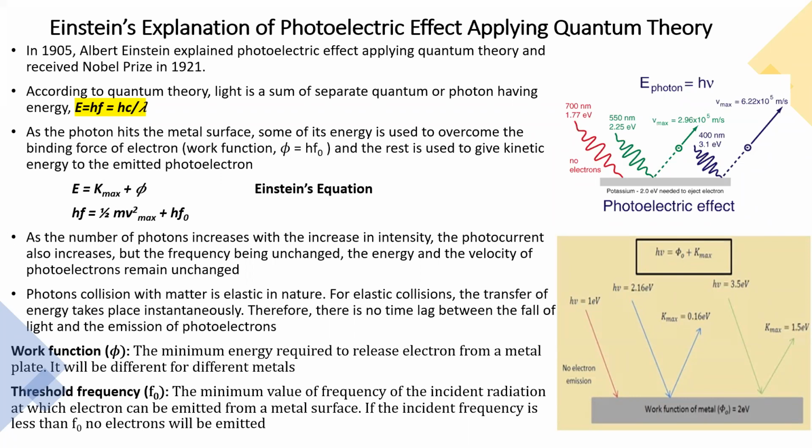In all collisions, momentum is conserved, but in elastic collisions, kinetic energy is also conserved. So, for photons, when they collide with matter, the collisions are elastic in nature, which means the total energy should be conserved, right?